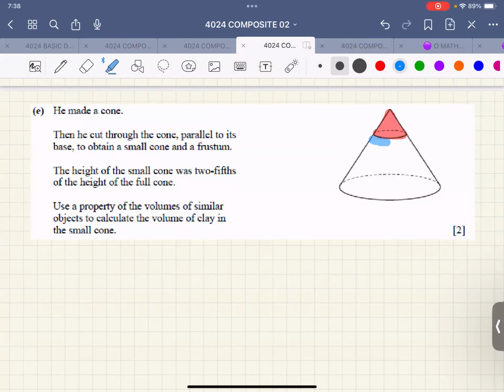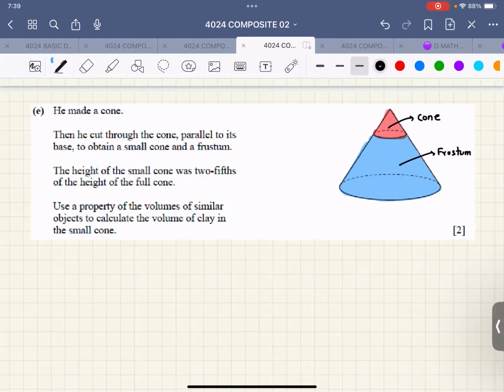The blue one that I'm shading all the way down, that goes like this, is called the frustum. Let me label it: this is cone, this is frustum.